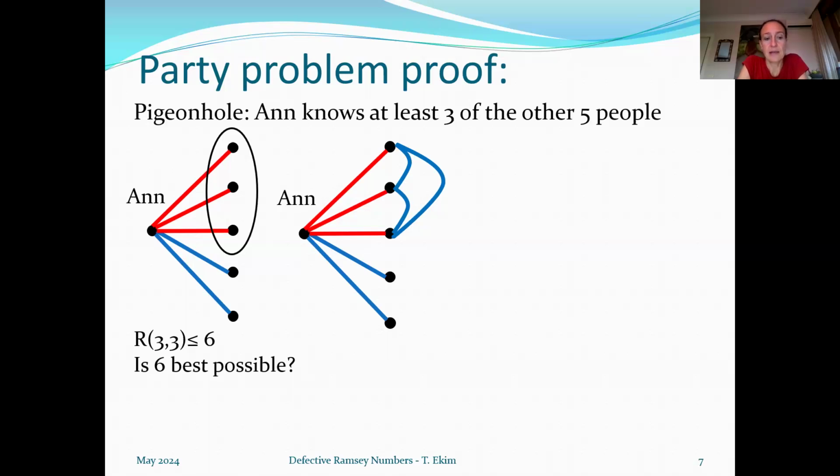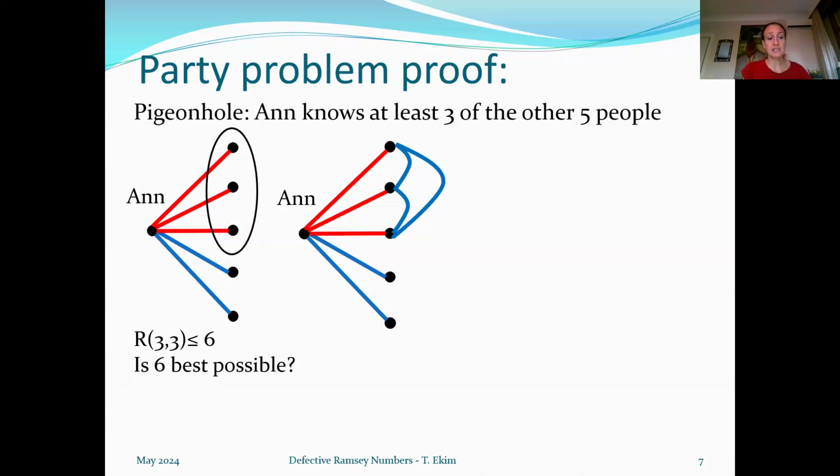So as soon as you have 6 people, there are 3 who know each other or 3 who don't know each other. So in terms of 2 edge colorings of a complete graph, it means that as soon as you take a graph on 6 vertices and color all the edges with either red or blue, there's either a red triangle or a blue triangle.